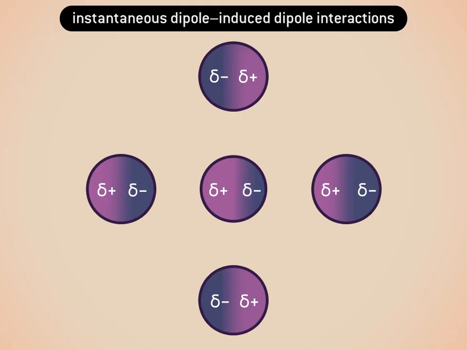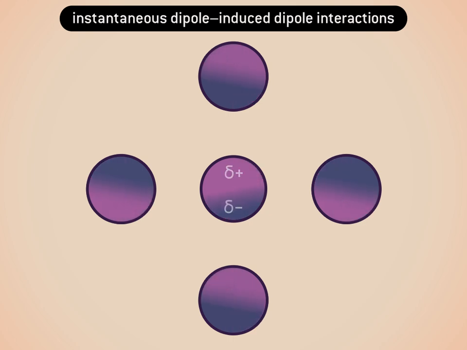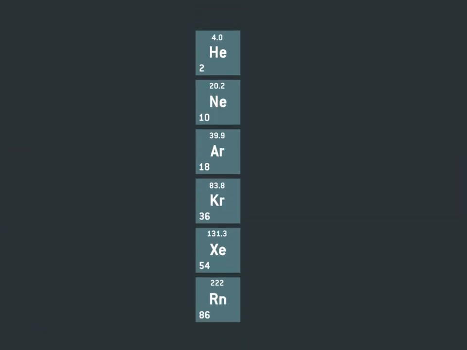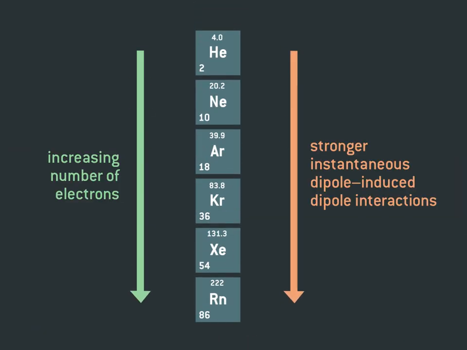For that instant, the neighbouring atoms are attracted to the first helium atom by instantaneous dipole-induced dipole interactions. A moment later, the electron distribution changes and new dipoles are induced in the surrounding atoms. Instantaneous dipole-induced dipole interactions are stronger in atoms or molecules with more electrons.